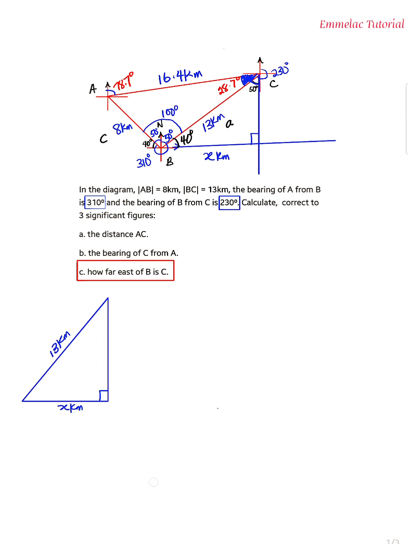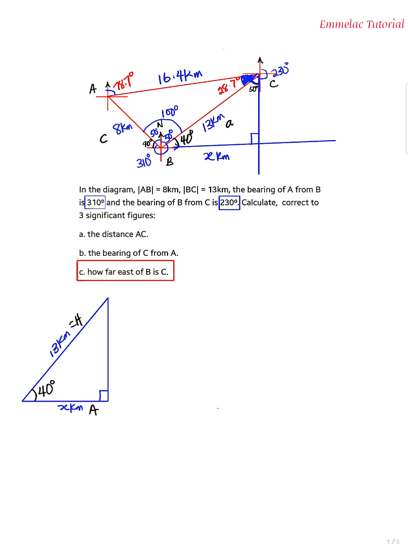So we can write it here, 40 degrees. We have a relationship to deal with: 13 here, which is the hypotenuse, then x here, which is what we're looking for, and the angle 40. Since the angle is here, it implies that x is adjacent.